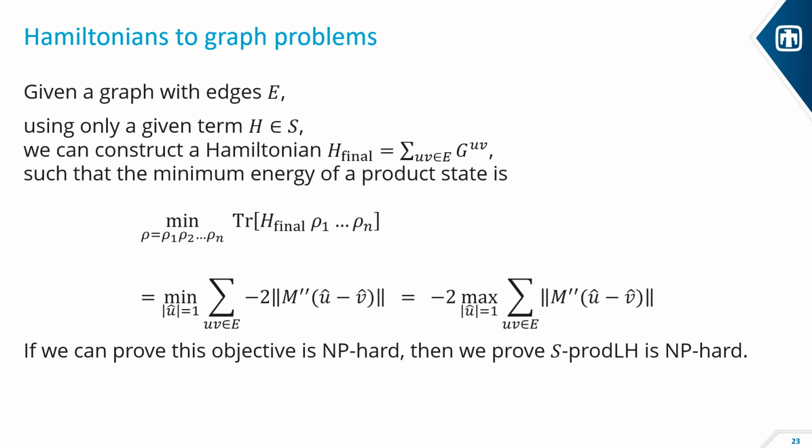And this final expression can be given as just some problem in terms of a graph, without reference to a Hamiltonian. And so if we can prove that this problem in terms of graphs is NP-hard, that would prove that the product state problem on Hamiltonians is hard.